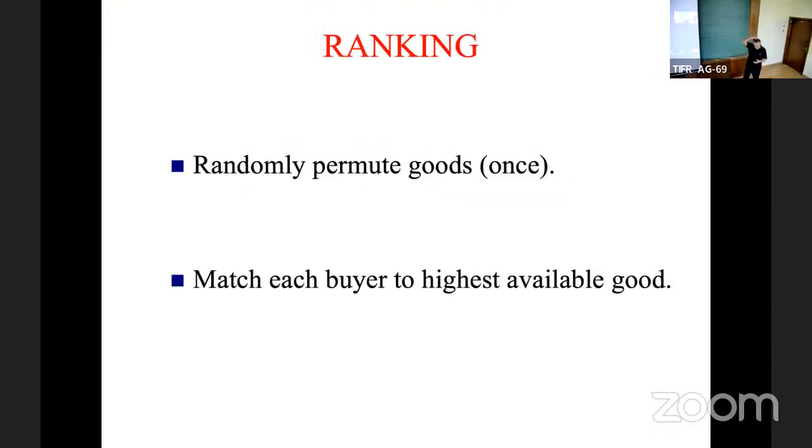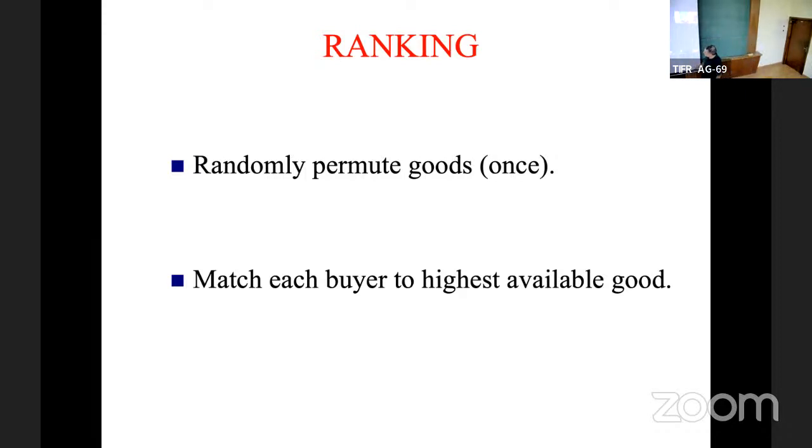You pick a random order on the goods, randomly permute the goods once, not every time a buyer arrives, because if you permute every time a buyer arrives, then it goes back to the previous algorithm, stuck at a half. And then each time a buyer arrives, you match her to the highest available good in that randomly picked order.